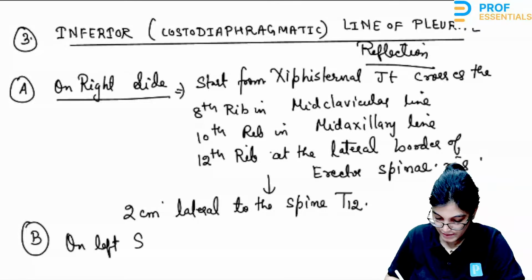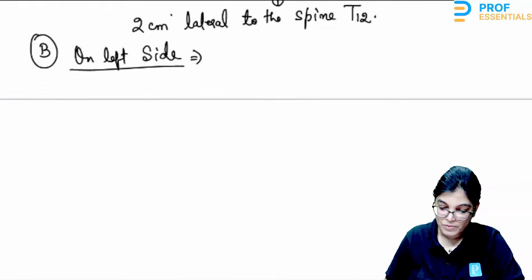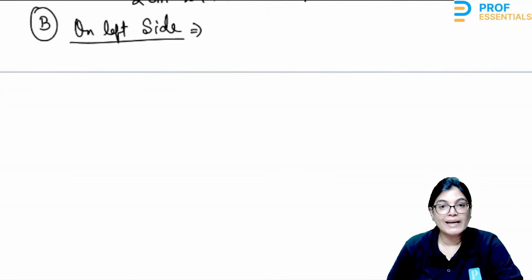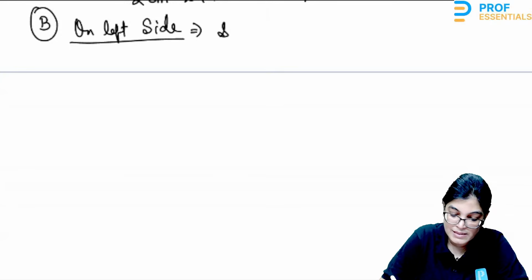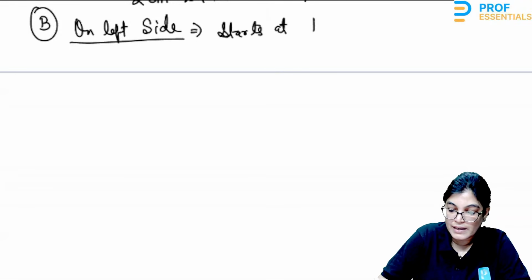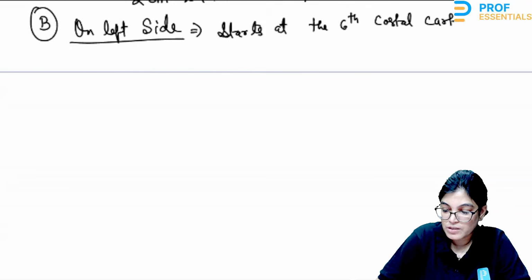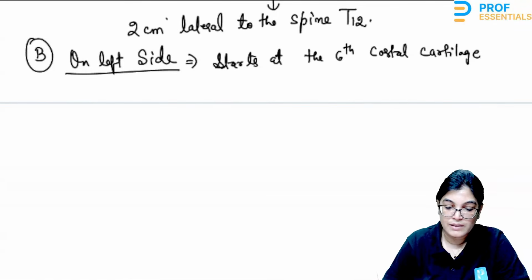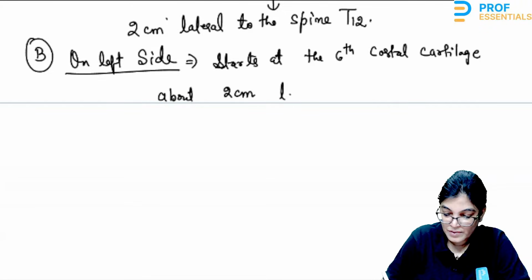When I'm talking about the inferior costodiaphragmatic line of pleural reflection on the left side, the line of reflection starts at the sixth costal cartilage level, about 2 centimeter lateral to midline.